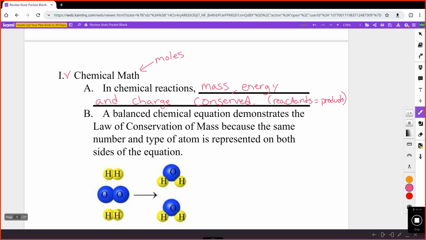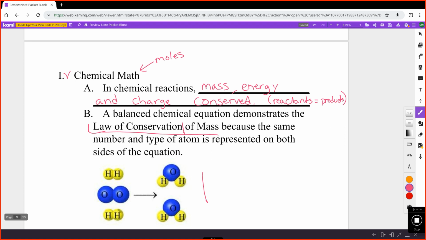But all in all, everything about them, mass, energy, and charge, has to be the same. And these laws, well, each of them have their own: law of conservation of mass, law of conservation of energy, law of conservation of charge, right? But specifically the one that comes up a lot is the law of conservation of mass.